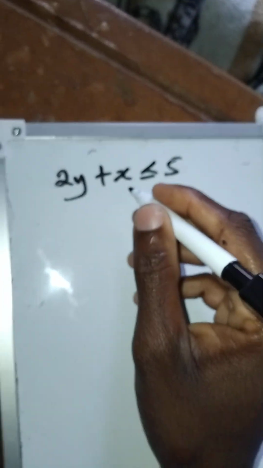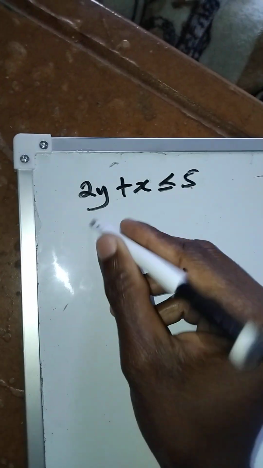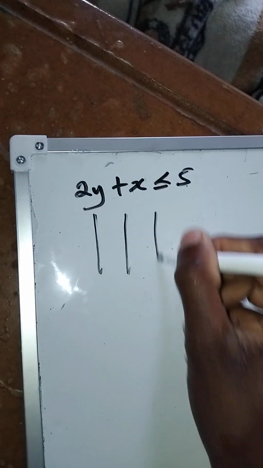Right, let's plot this one: 2y plus x less than or equal to 5. We want to plot a straight line graph.